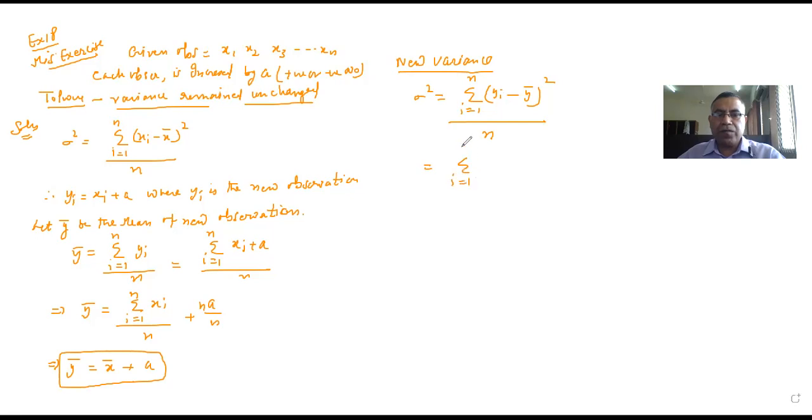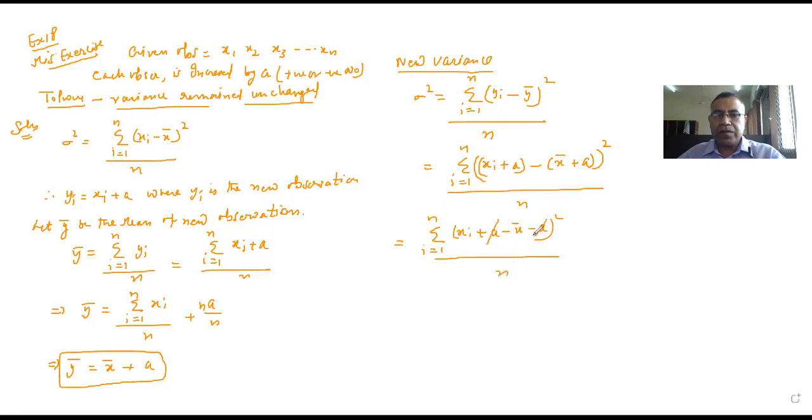Sigma i equal to 1 to n, xi plus a minus y bar, this is x bar plus a, whole square divided by n, which is equal to sigma i equal to 1 to n, xi plus a minus x bar minus a, whole square, divided by n.